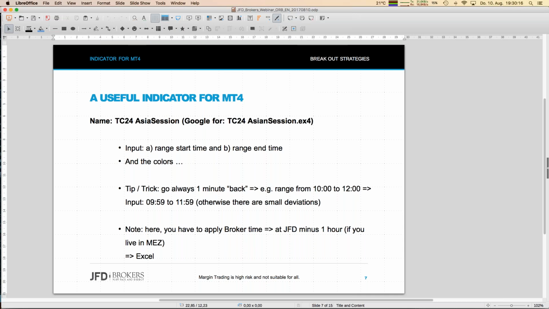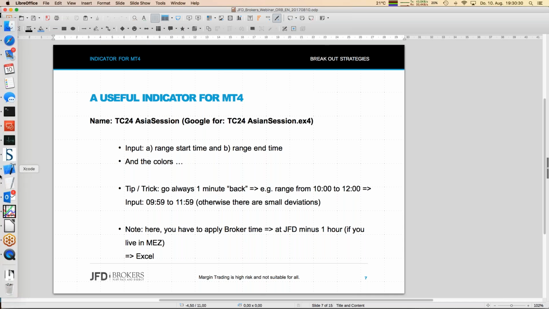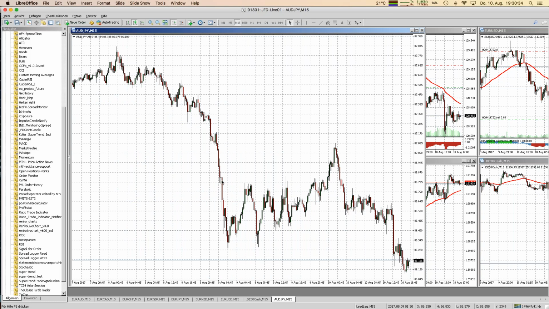And then if we want to go for 10 to 12, let's call it German time, or Middle European Time, then I have to adjust for that 1 hour time shift. But now let me show you that indicator live here, and that is simply how it works.